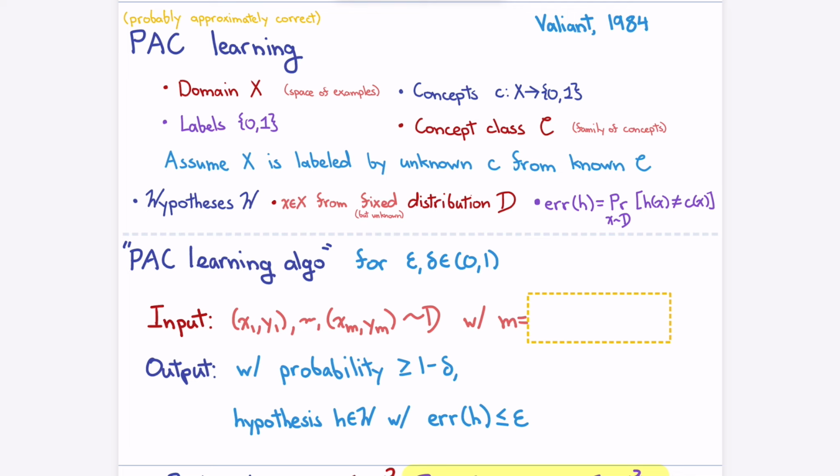So this 1 minus delta, if nothing else, allows for a bad draw of data. Okay? Your algorithm may also be randomized or have other sources of error, but at the very least, this gives some possibility of the input just being bad.